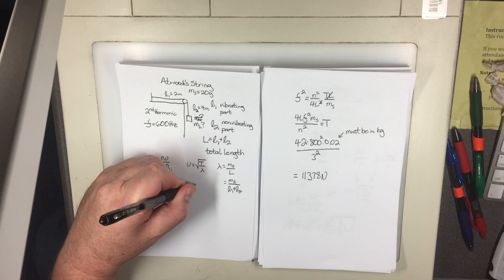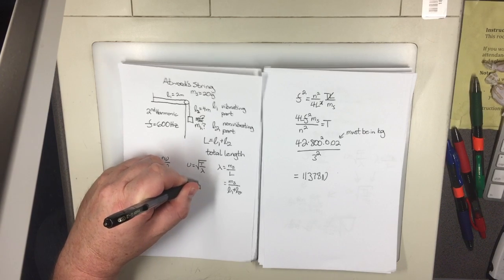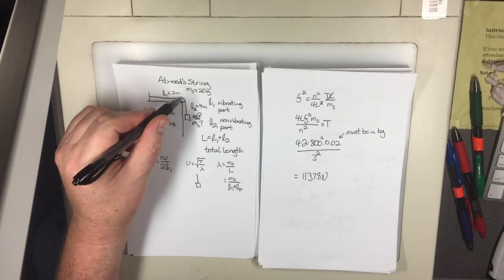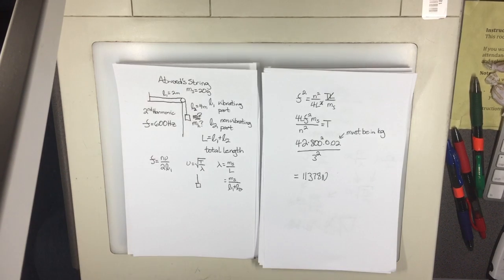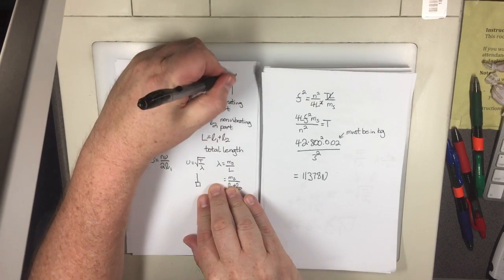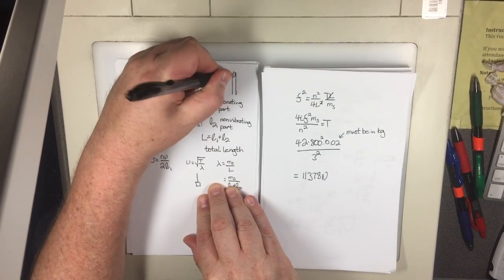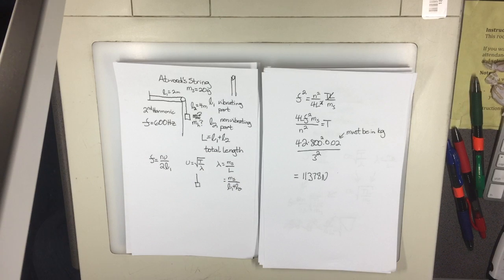The tension is provided by the hanging mass. Technically it isn't a fixed point, but that pulley has a little groove, and the string just goes in there. So you can treat it like a fixed point, but the tension in the hanging mass is providing the tension for the rest of the string.